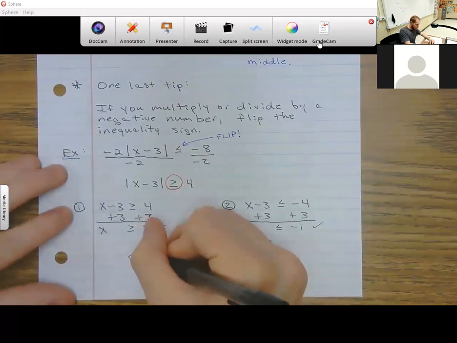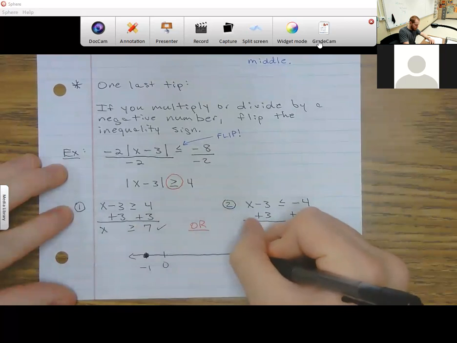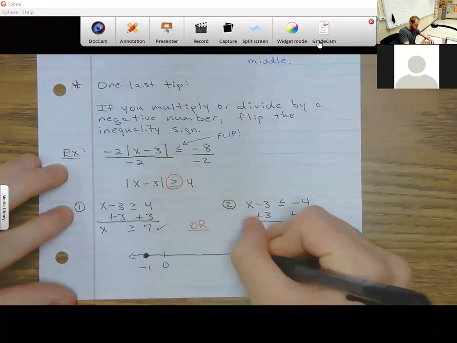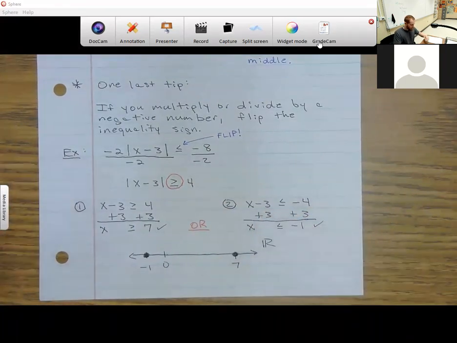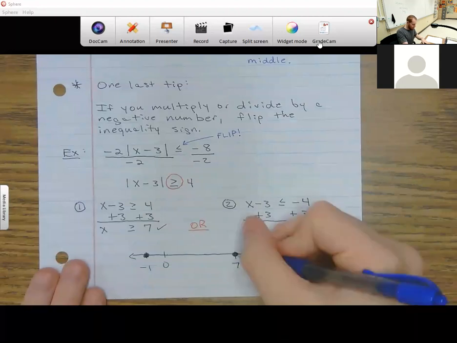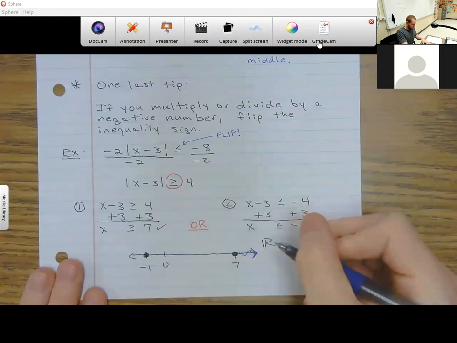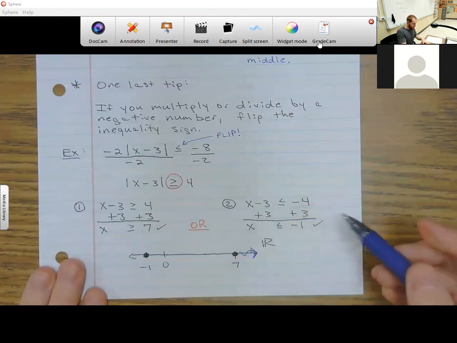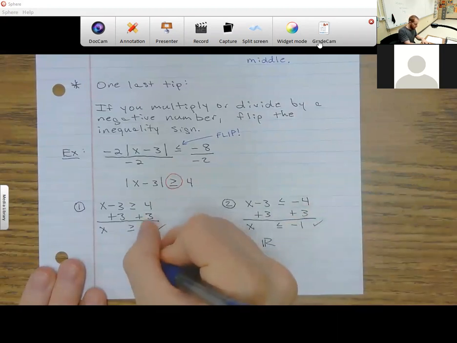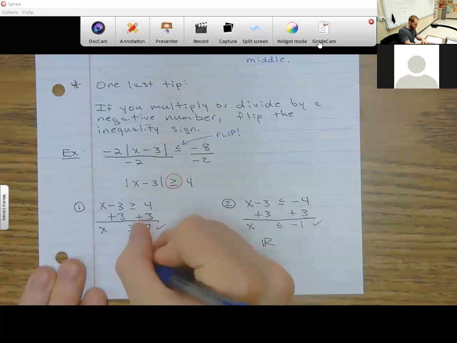So I'm going to put a closed dot here, a closed dot here, and which directions am I going to shade? Well, for the 7, I got to shade to the right. So I shade to the right. And then from the -1, I'm shading to the left. Shading to the left.